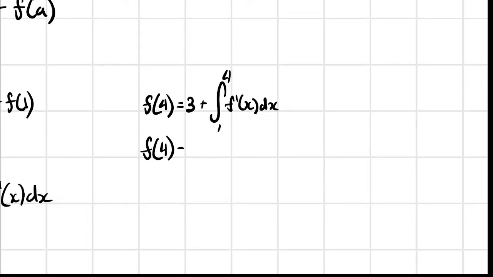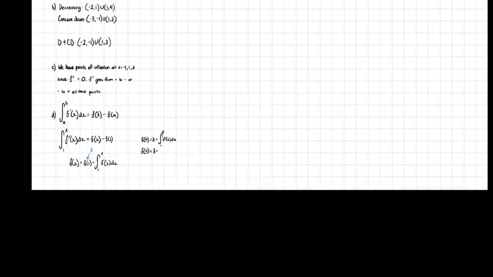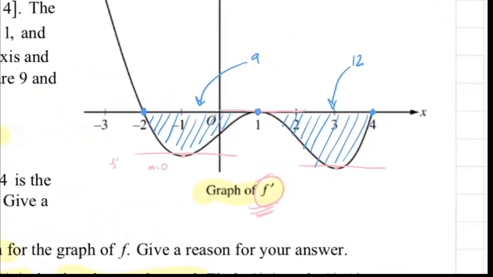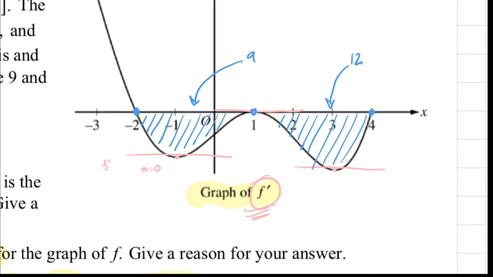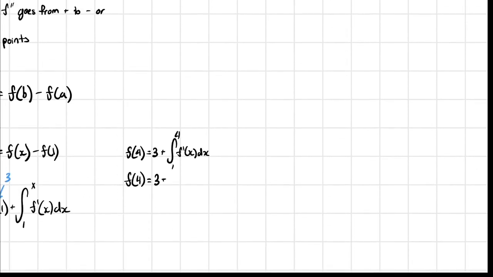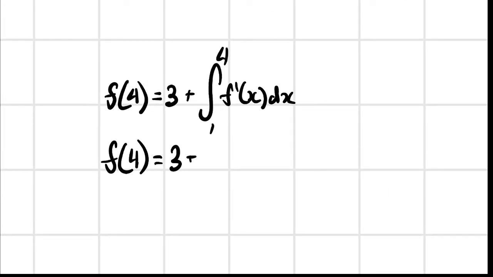But that is a little incorrect, because remember, this is the area. Areas are always going to be positive. However, the integral from 1 to 4 is actually negative, because the y values are negative. So we would actually have to say 3 plus negative 12 to get negative 9.